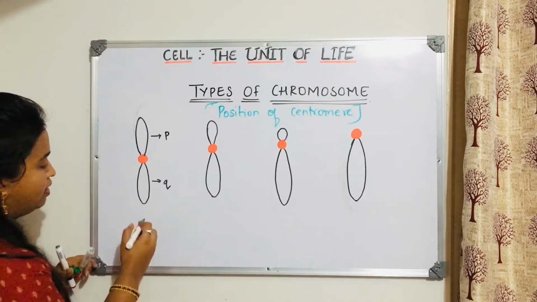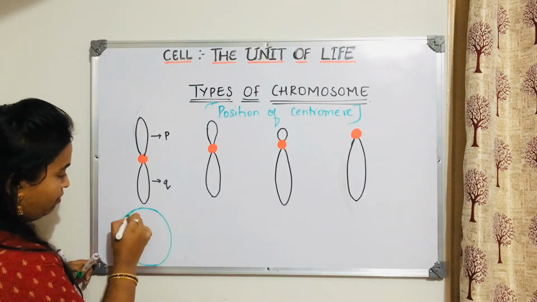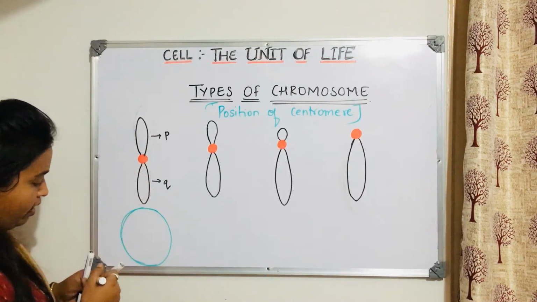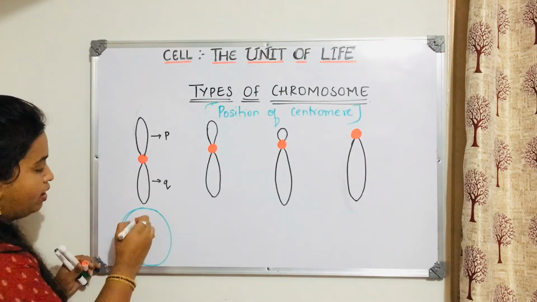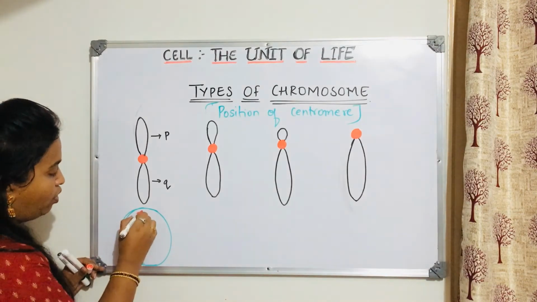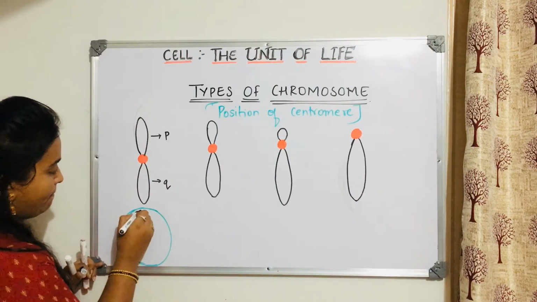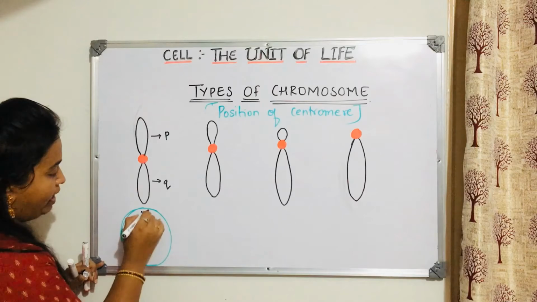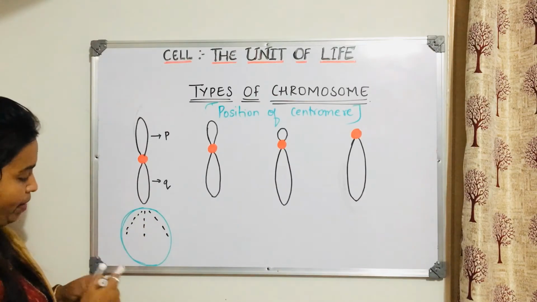Now let us consider this is the cell where it is moving. During early anaphase, spindle fibers will catch hold of this. I'm not showing many here, I will show only one chromatid.